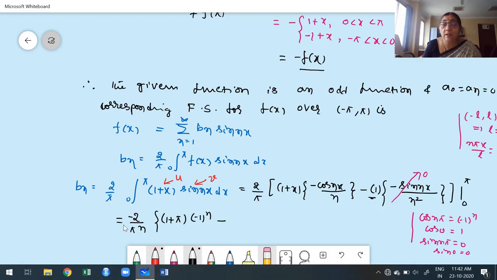It is 1. With x equal to 0, 1 plus 0 is 1, and cos 0 is 1. Therefore, better I take the minus inside the bracket. We get very easily the bn value: 2 by pi n of, taking the minus inside the bracket, the 1 becomes plus, minus of 1 plus pi into minus 1 to the power of n. Okay, fine. This is my bn.